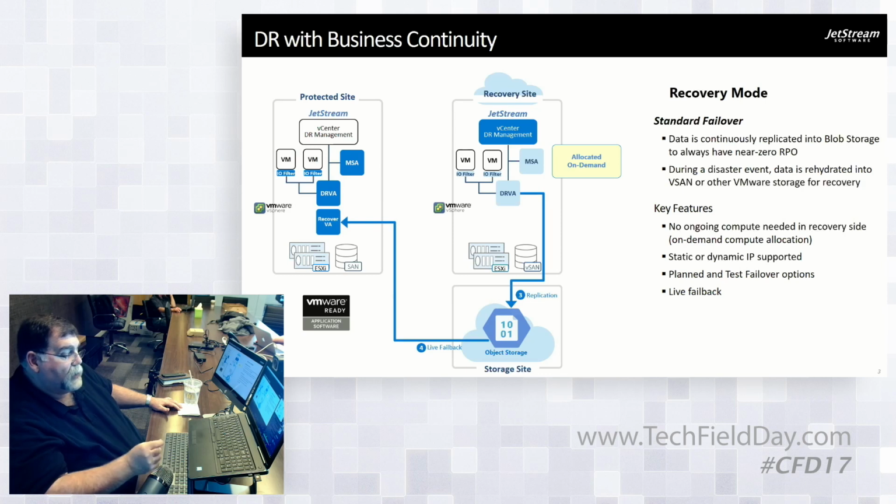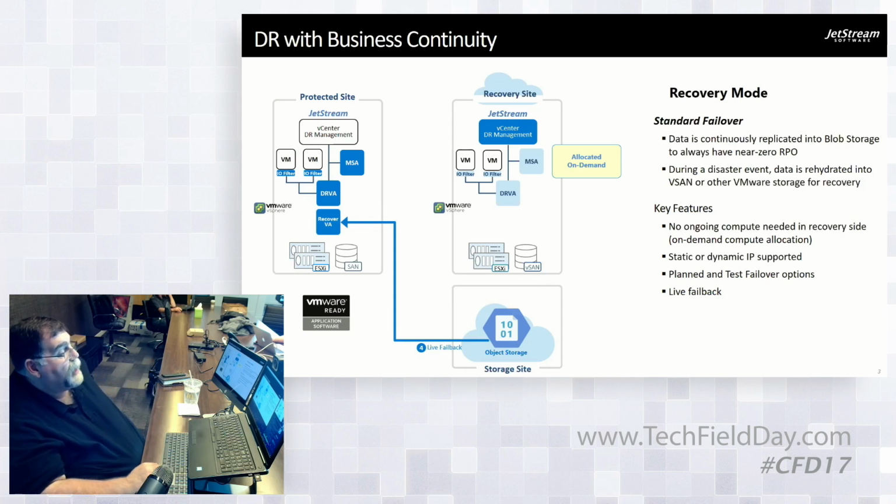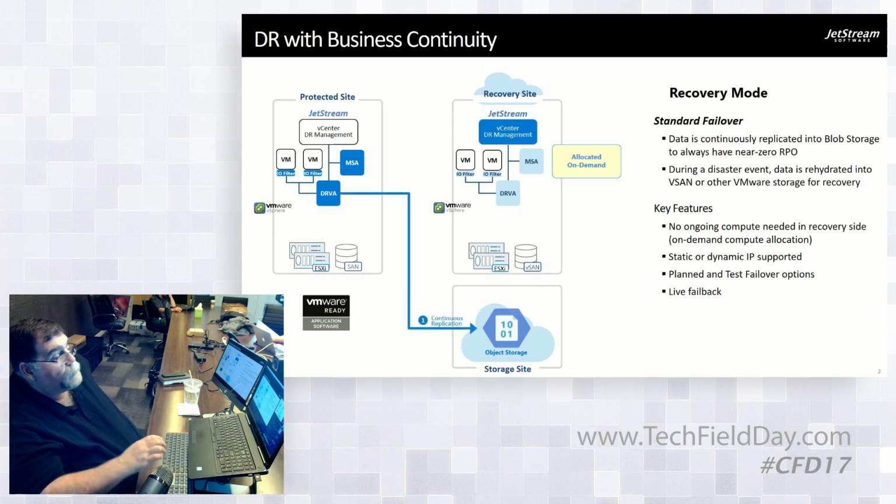And when we get to an interval that's configured by the administrator where the replication is almost complete, then we'll gracefully shut down the virtual machines on the protected site, finish the replication, and then again, bring up the virtual machines according to the runbook configuration, and they would be returned back to operation at the protected site, and we just resume protection. So that's one mode. We call it standard failover.